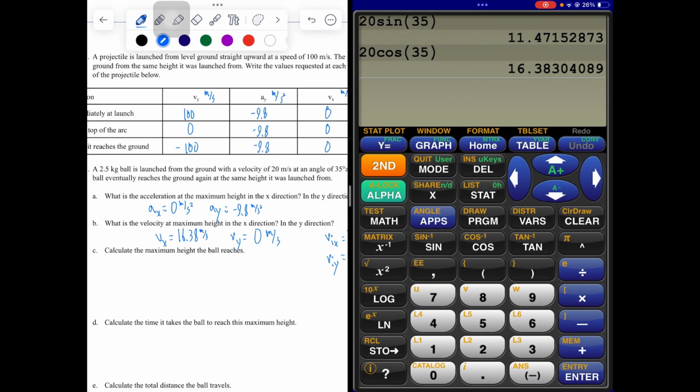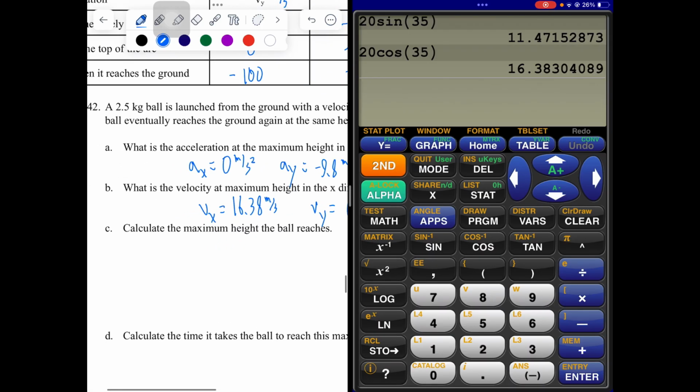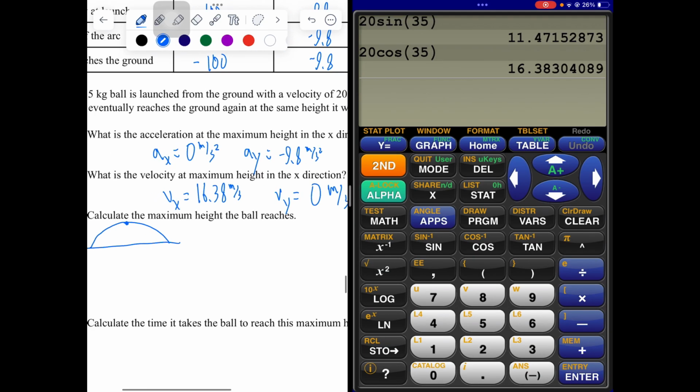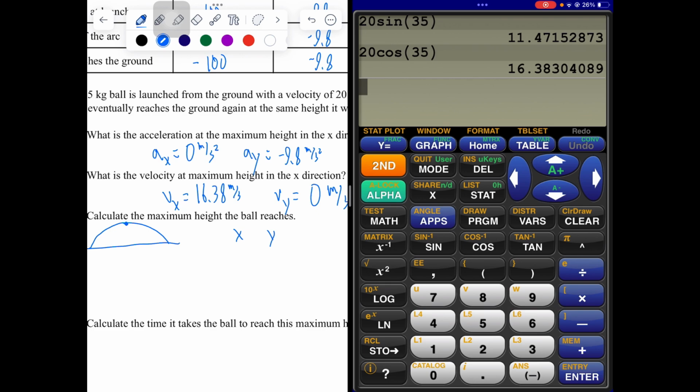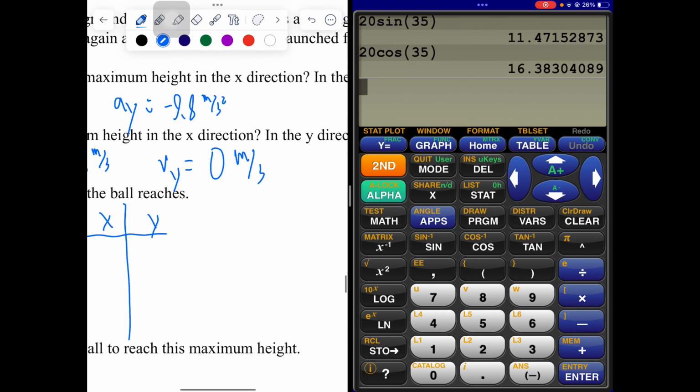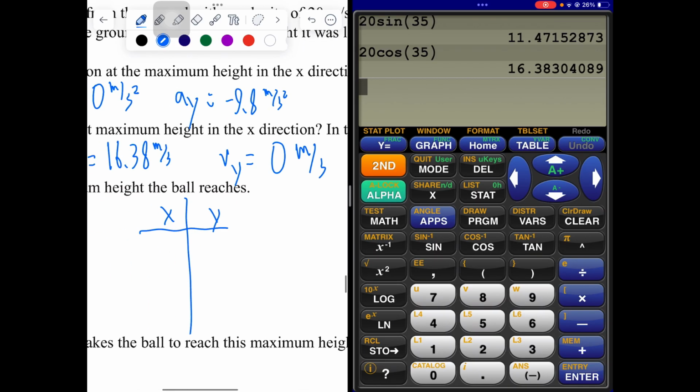Maximum height the ball reaches. For maximum height, we are going up. We're finding the peak right here. We know the velocity in the y is 0. We can make our x, y chart to separate your variables. We're really going to use the y for this one. We know that initial velocity in the y.